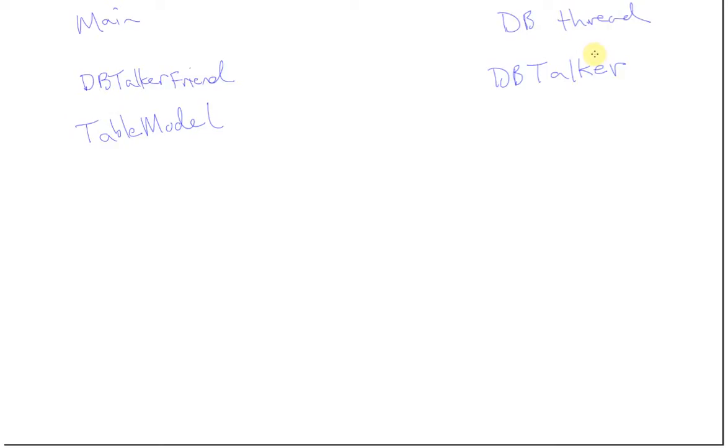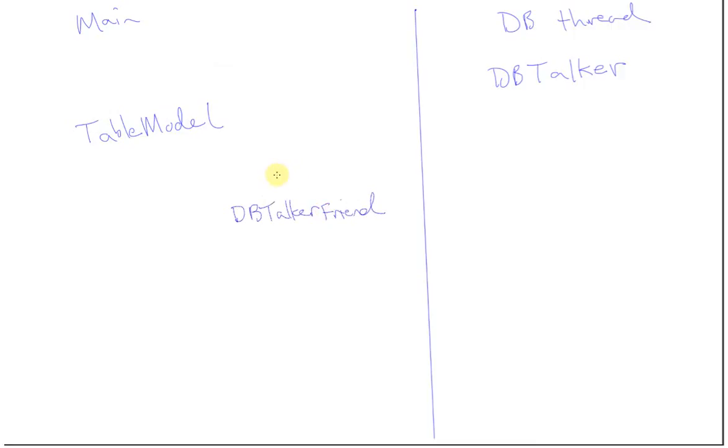Now, the general idea was that DB Talker would be the intermediary object that would be a way for any application specific class to make cross-thread database requests through.